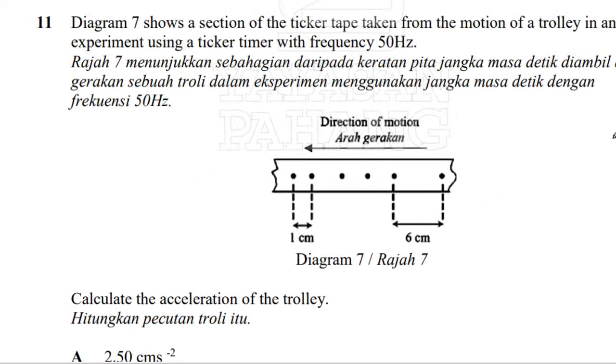Okay. Revision form 4. Calculate the acceleration of the trolley. Ticker tape, motion of the trolley using ticker timer, frequency 50 Hz.